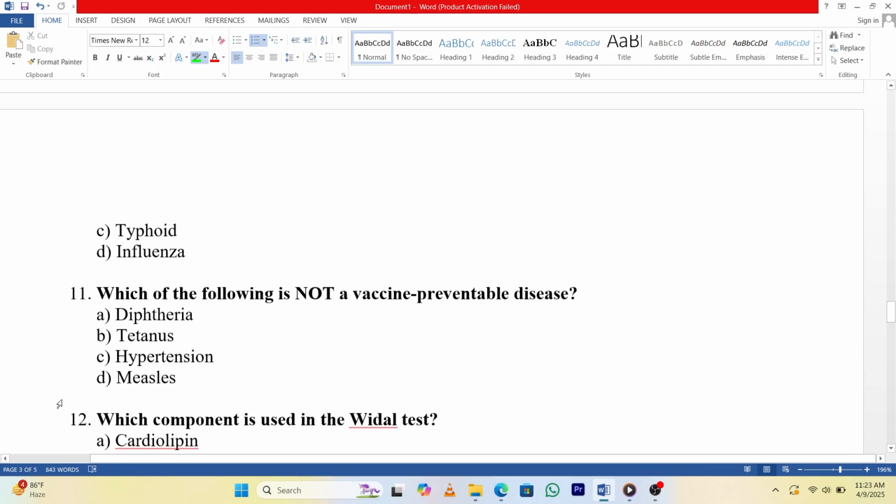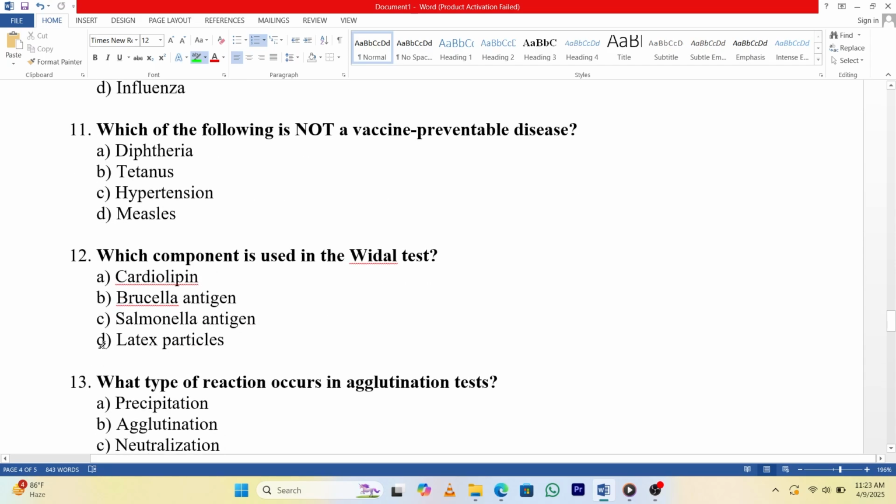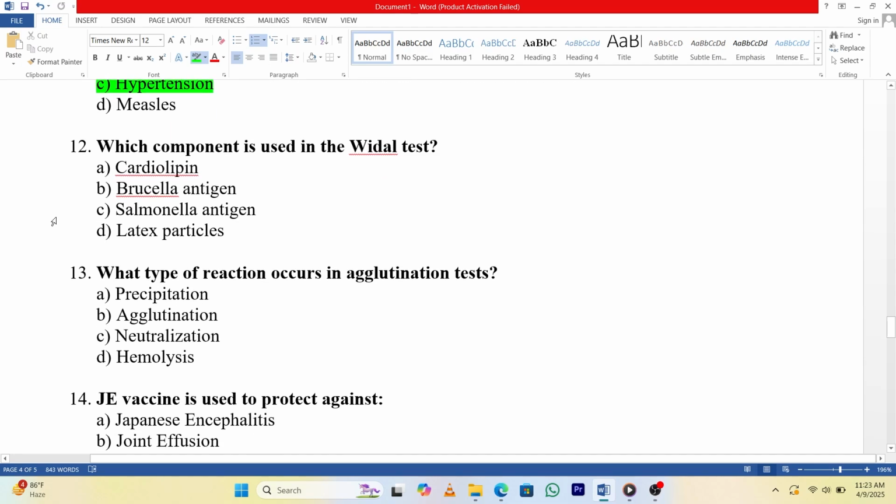11. Which of the following is not a vaccine-preventable disease? A. Diphtheria. B. Tetanus. C. Hypertension. D. Measles. Answer, C. 12. Which component is used in the Widal test? A. Cardiolipin. B. Brucella antigen.